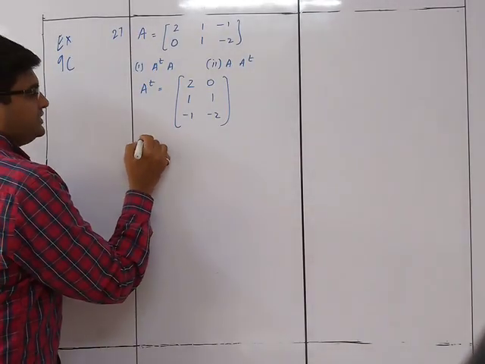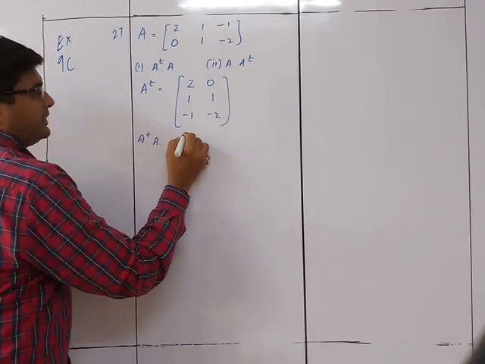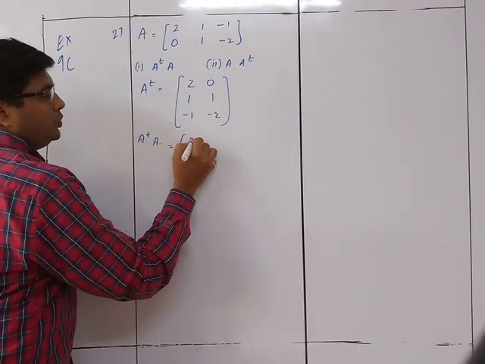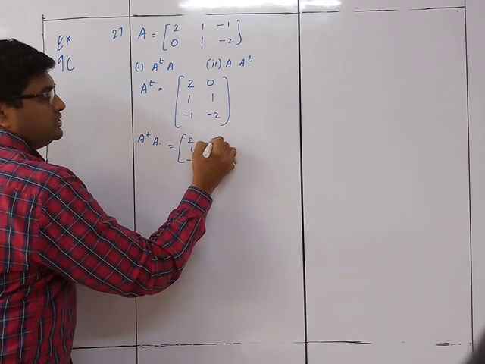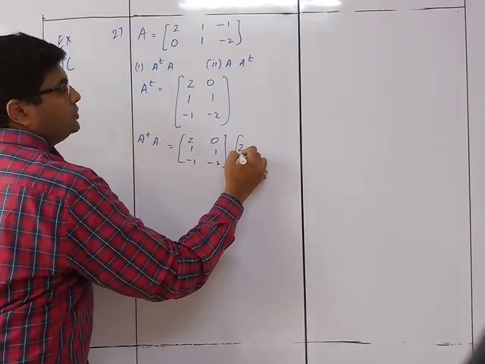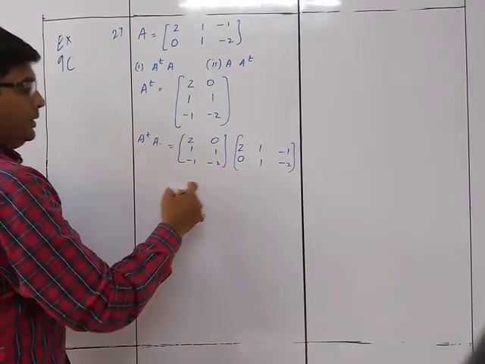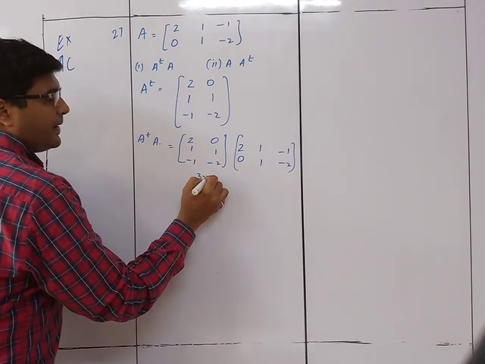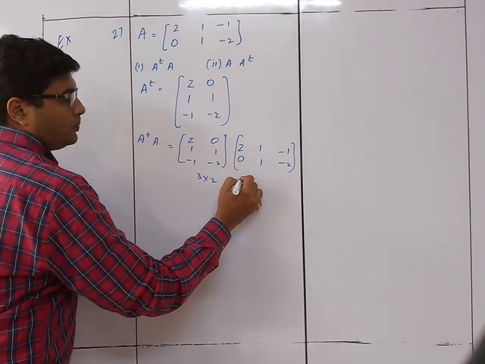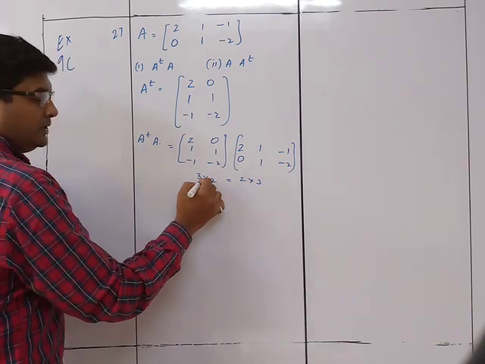We made the rows as columns and columns as rows. So accordingly, the first thing is A^T into A. That is 2, 1, minus 1, 0, 1, minus 2 into 2, 0, 1, 1, minus 1, minus 2. This is a 3 by 2 matrix and this is a 2 by 3 matrix. Therefore, multiplication is possible.